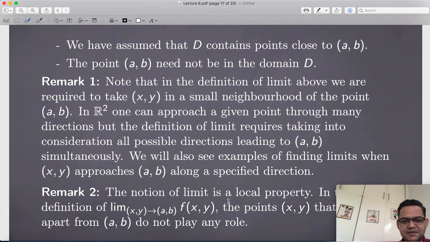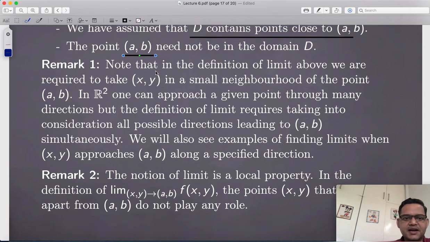I think I have written these things in the remark. We have assumed that D contains points which are close to (a, b). This is a requirement to make sense of the concept of limit, and this point need not be in the domain.